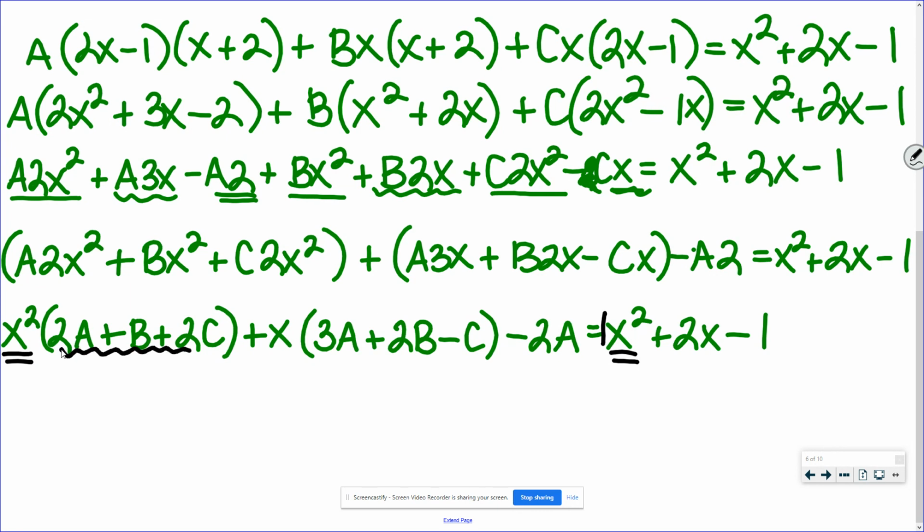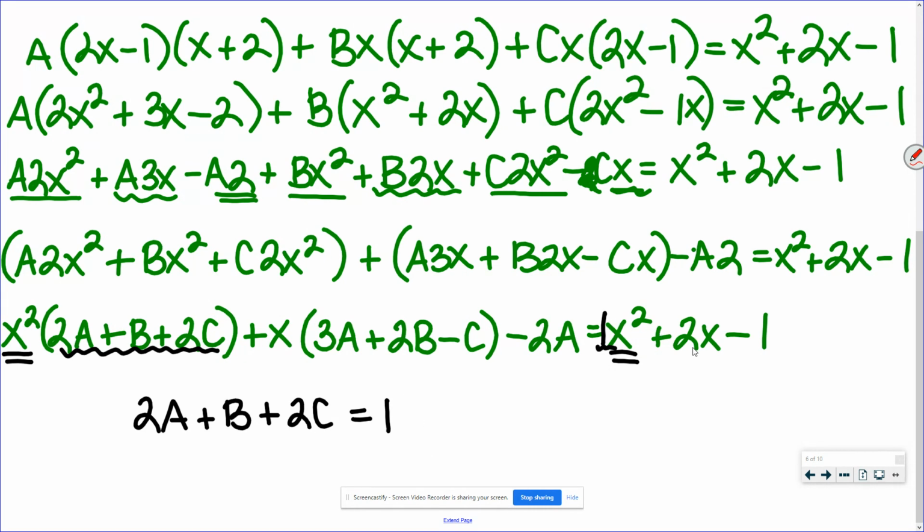All of this stuff in parentheses represents what the coefficient needs to add up to. The coefficient needs to add up to 1 because that's what the problem is set up as. So I'm going to say 2a plus b plus 2c has to equal 1 based on the way the problem is set up, because it's 1x squared value.